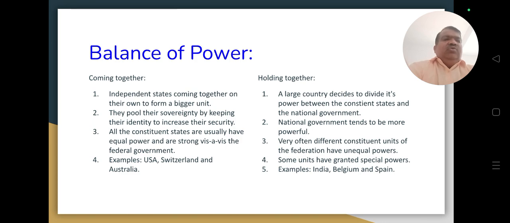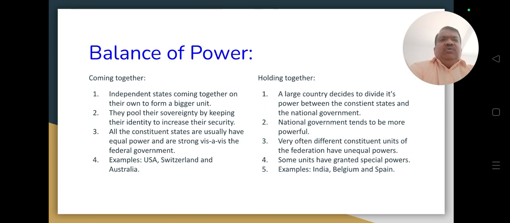But in holding together, a large country decides to divide its power between the constituent states and the national government. In coming together, they pool their sovereignty while keeping their identity to increase their security. In holding together, national governments tend to be more powerful.